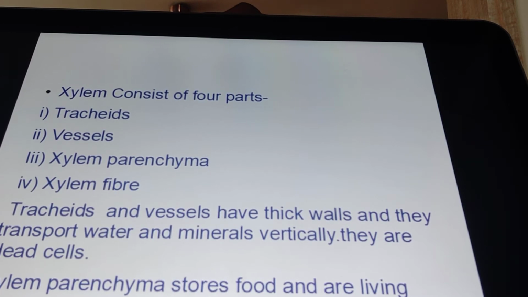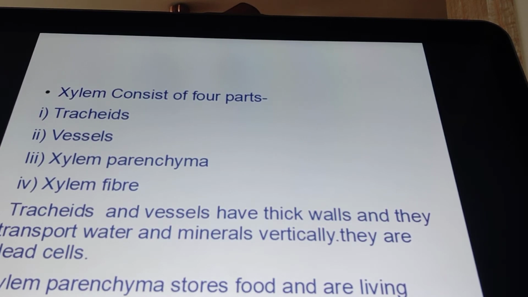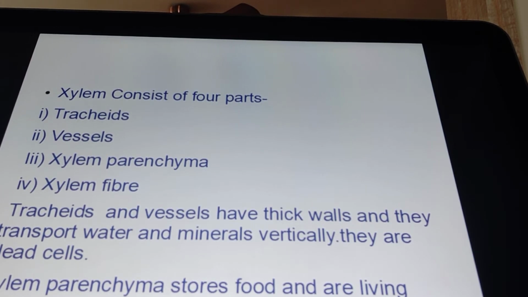Children, xylem consists of four parts: tracheids, vessels, xylem parenchyma and xylem fiber. I repeat again, xylem consists of four parts: tracheids, vessels, xylem parenchyma and xylem fiber.